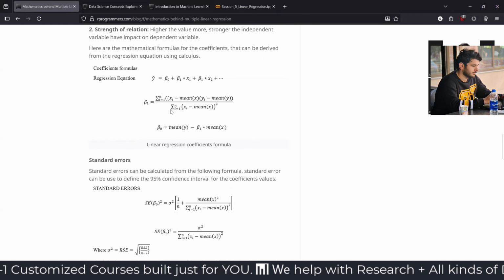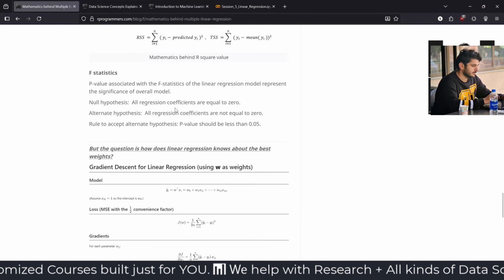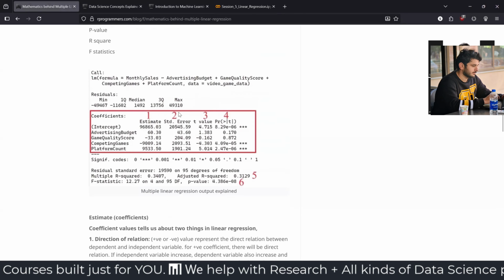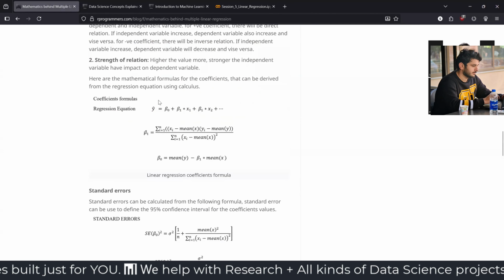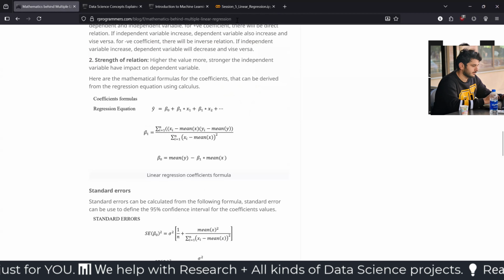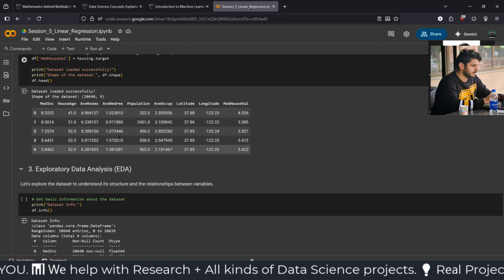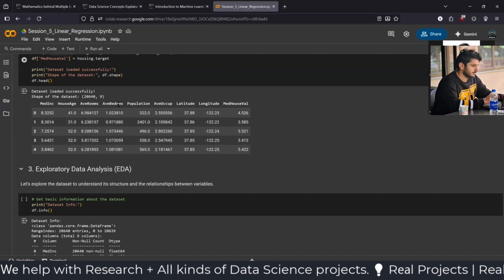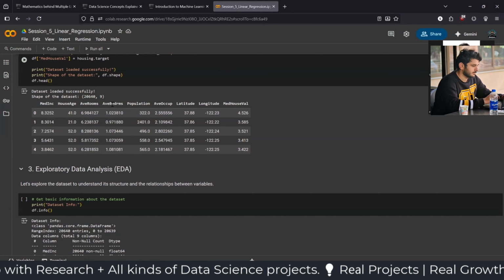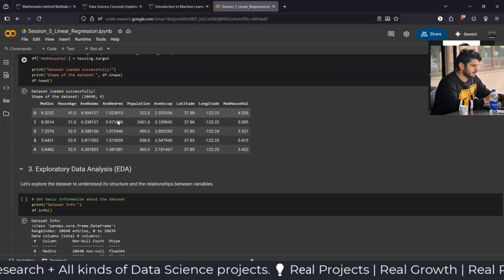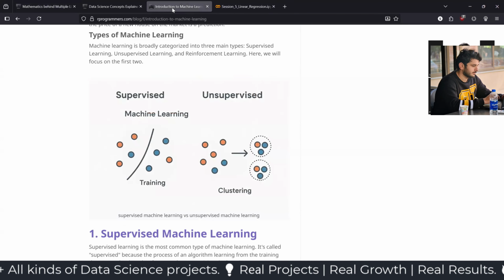For example, in this particular case, we are talking about advertising budget and sales, right? And now x will be the whole data associated with that independent variable. And the mean of that column basically will be the average value, if we calculate the average, right?